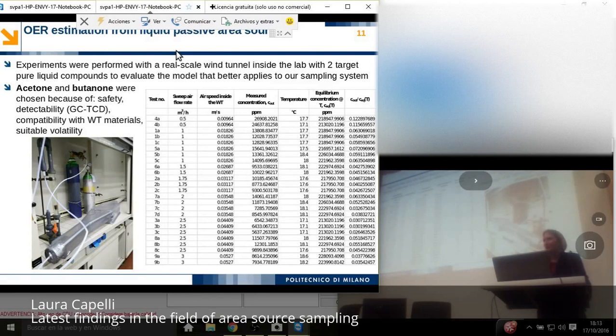Probably. I'm not able to answer that because honestly it's still all in a proposal phase, so I don't know what will be decided. I think this idea of a target approach is a good compromise between leaving things about area source sampling as they are now in the first version of the European norm, and giving too strict rules which we are not able to give at the moment because the knowledge about it is still a few steps behind.